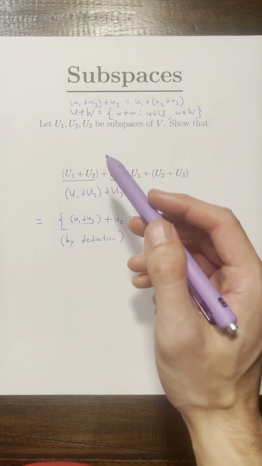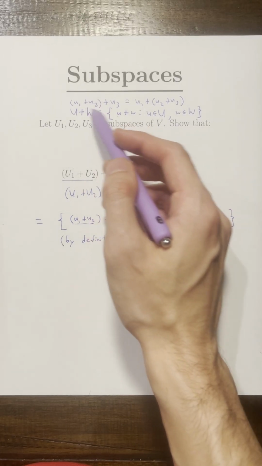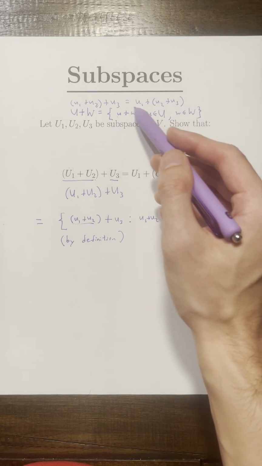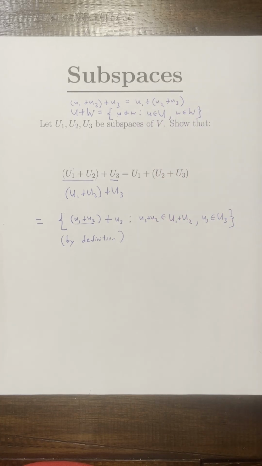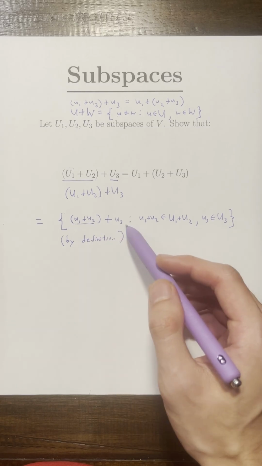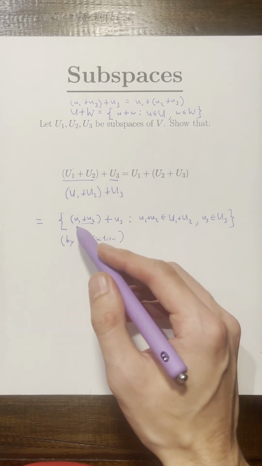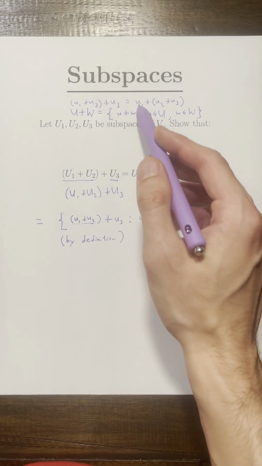We already have this part of the equation. Which part do we not have? We don't have this part yet, so we should try to get it. We should try to turn this into this.